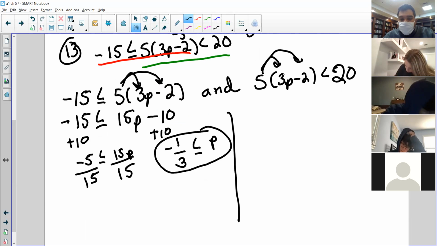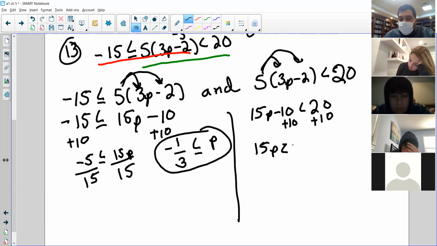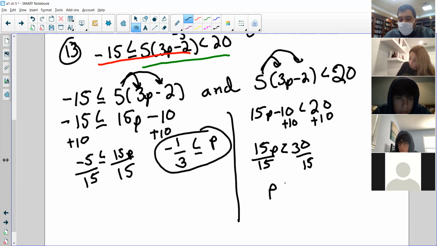Again, distribute. 15p minus 10 is less than 20. Plus 10 on both sides. 15p is less than 30. Then divide by 15 on both sides. P is less than 2.